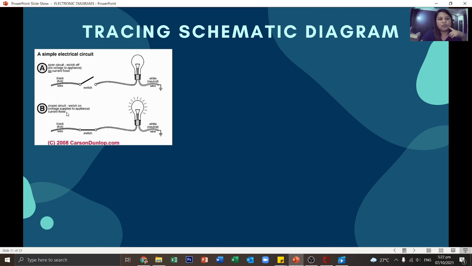Then this letter B is a closed circuit because the switch is turned on and current will flow from the positive to the negative of the supply voltage.